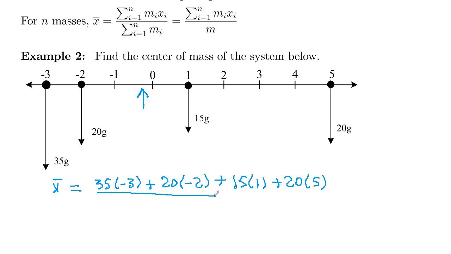And then we are dividing by the total mass in the system, 35 plus 20 plus 15 plus 20.